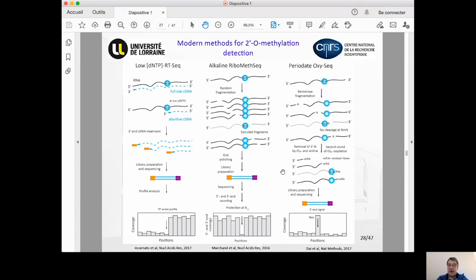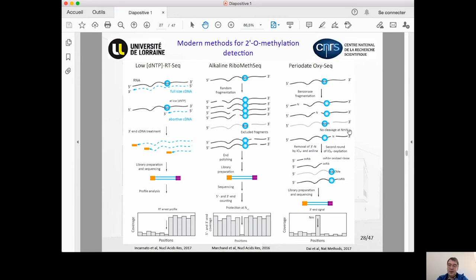And the third method, which was proposed for detection of 2' methylation, is OxoSeq or NM-seq, which is based on periodate oxidation of the modified nucleotide at the 3' end of RNA. To reveal this, long RNA should first be fragmented. It was proposed to do benzonase fragmentation, leaving 3' OH and 5' phosphate.